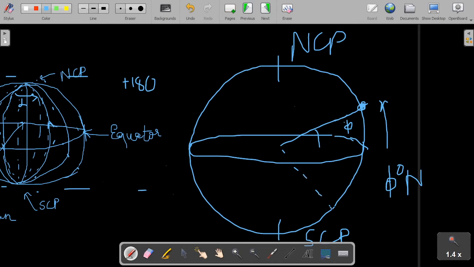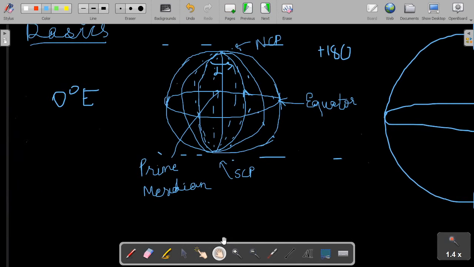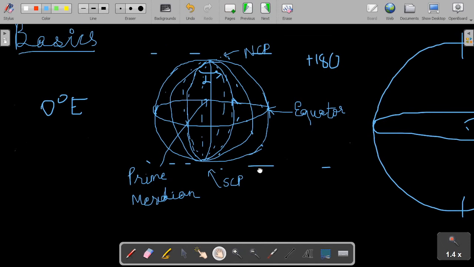If the observer is standing here, making an angle of phi, in this case it would be phi degrees south. Don't know why it got so botchy, but let me just make it a little bit clean like that.